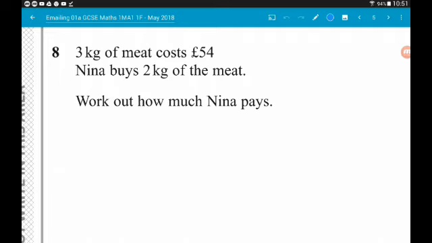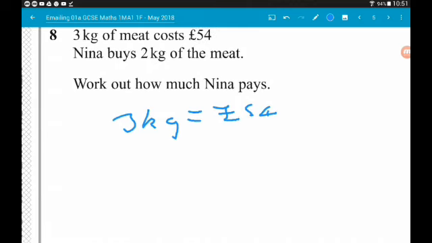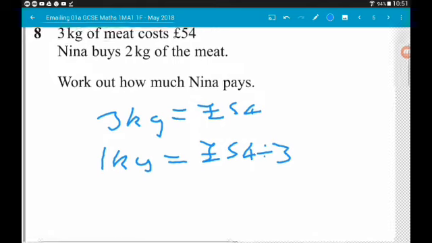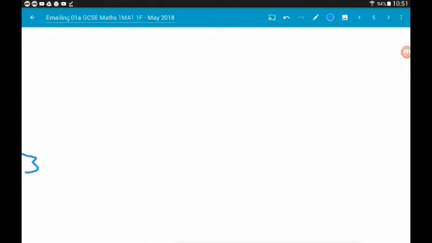So, if 3 kilograms costs £54, and then 1 kilogram is going to cost a third of that. So, £54 divided by 3. So let's use the bus stop to do that.